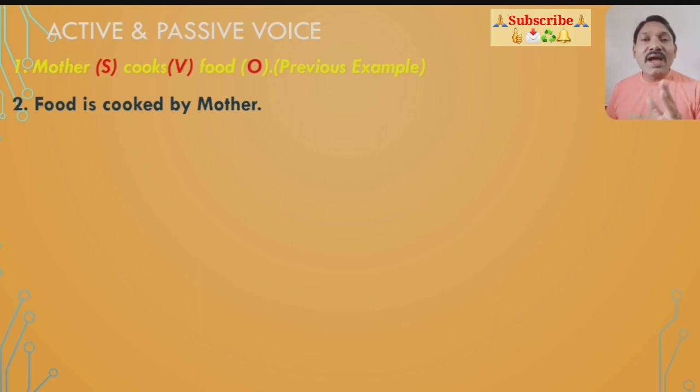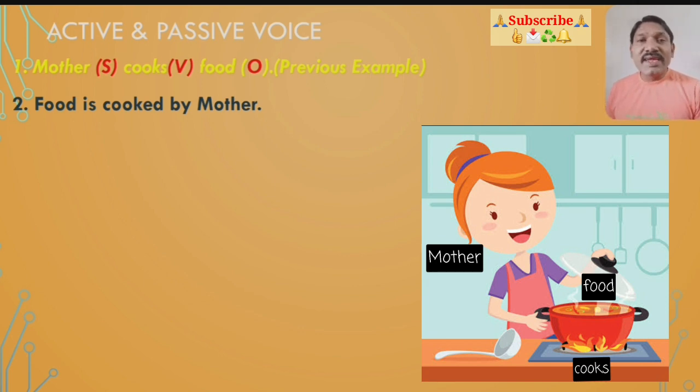Here in this sentence, food is the subject. I have told you just now what is subject. Subject means a doer of action or the thing about which we are receiving the information. So in this sentence we are receiving the information about food. So food is the subject here.